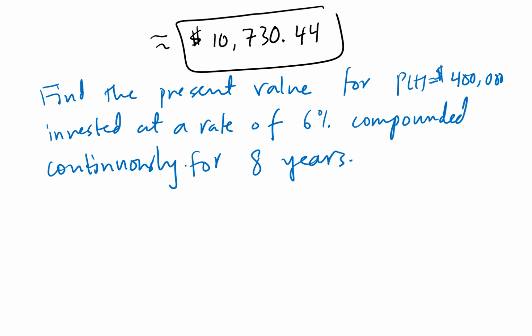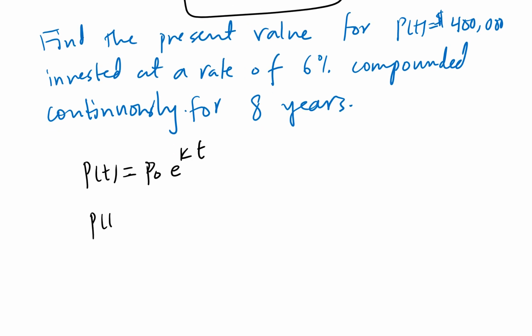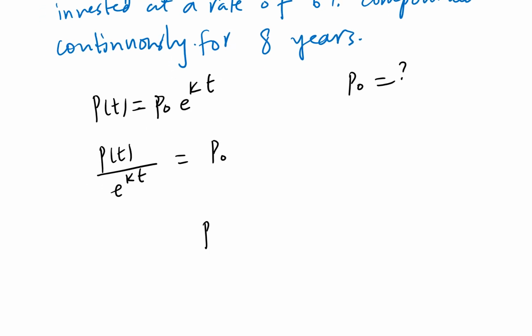So note, what we learned is P of T is P sub 0 e to the kt. Just if you like to see it, if you divide both sides by e to the kt, because we're looking for P0, you can get P sub 0 equal to P of T times e to the negative kt. So this is a formula to find the present value.